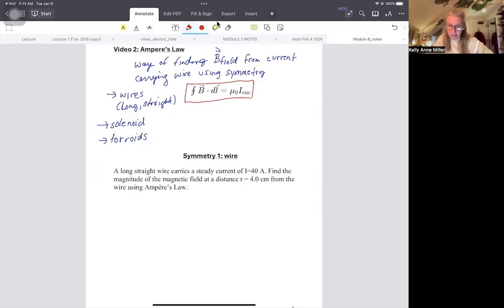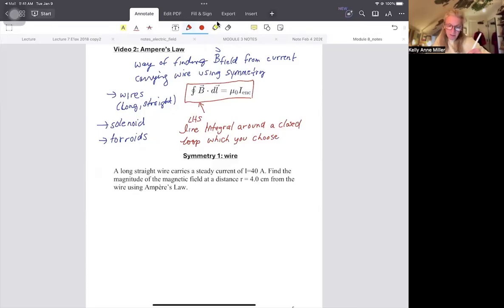So on this side of the equation, the left-hand side is just the line integral around a closed path or loop, which you choose.